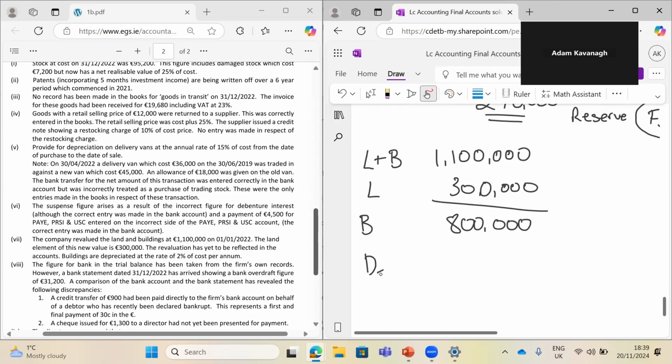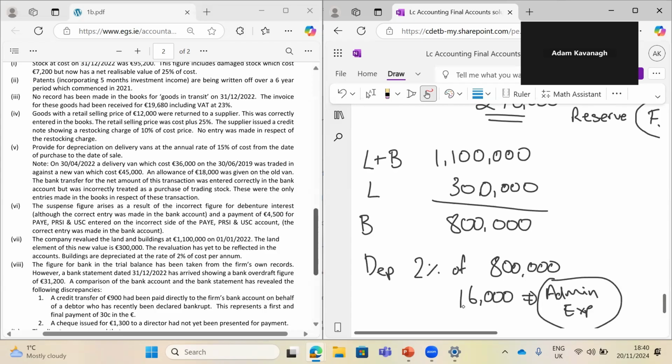Depreciation is 2% of buildings, which is 2% of 800,000, which will give you 16,000. Depreciation of buildings is an admin expense. So put that in and draw a circle around it, just label it as an admin expense.